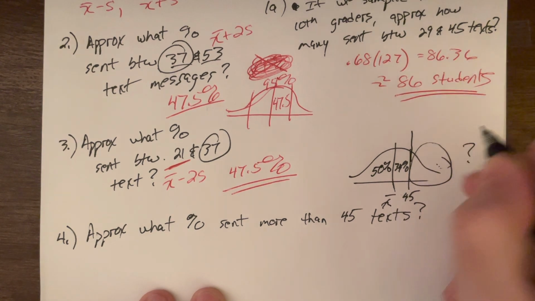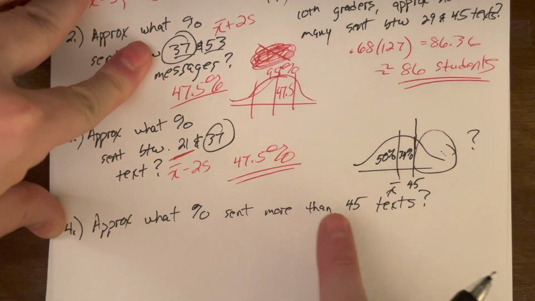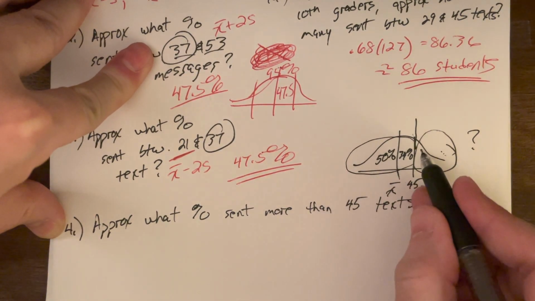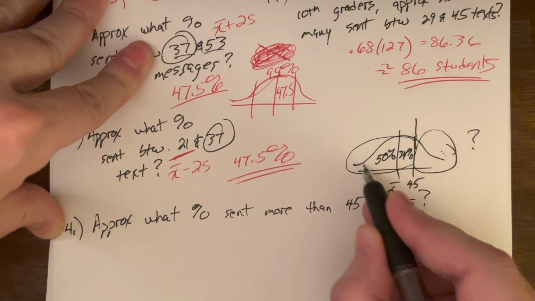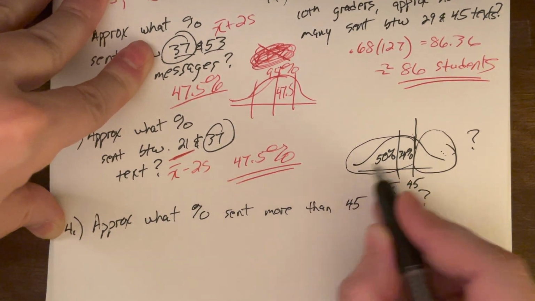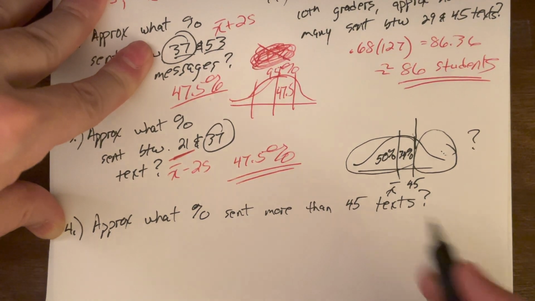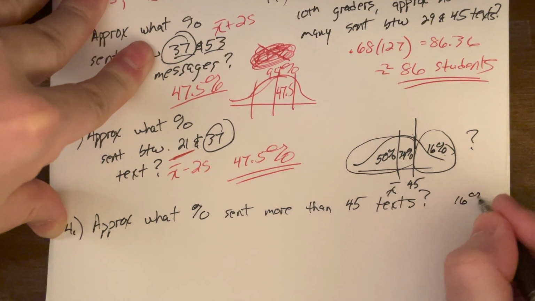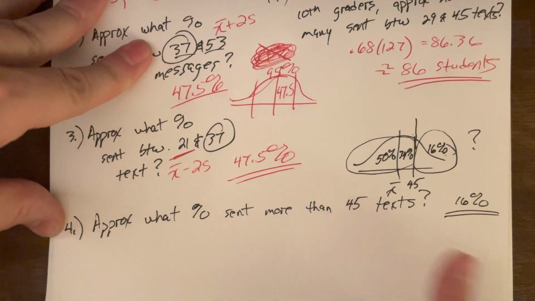So there are two ways to do this. If I said what percentage sent fewer than 45 texts, we'd be looking at these people and we'd add these together. We get 84% of the population, 84% of your students sent fewer than 45 text messages. Well, that leaves 16% to send more than 45 texts.